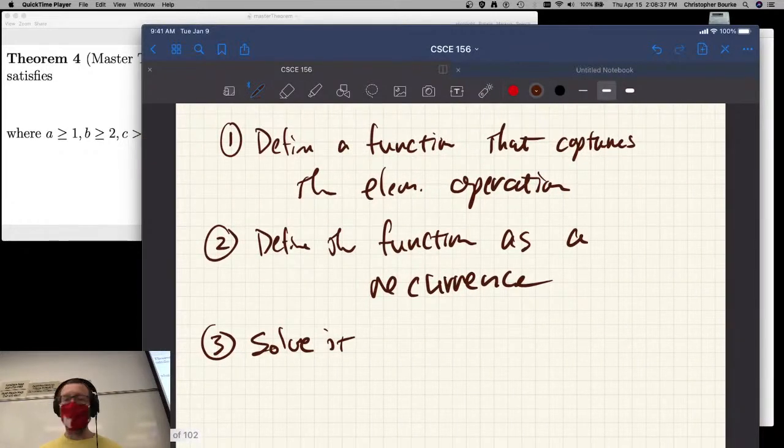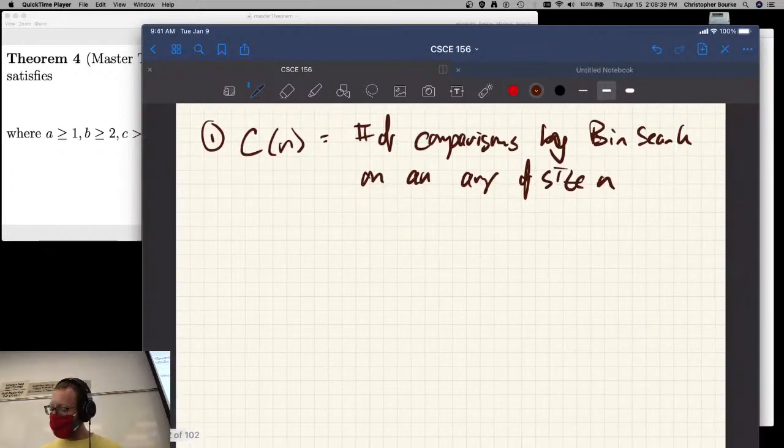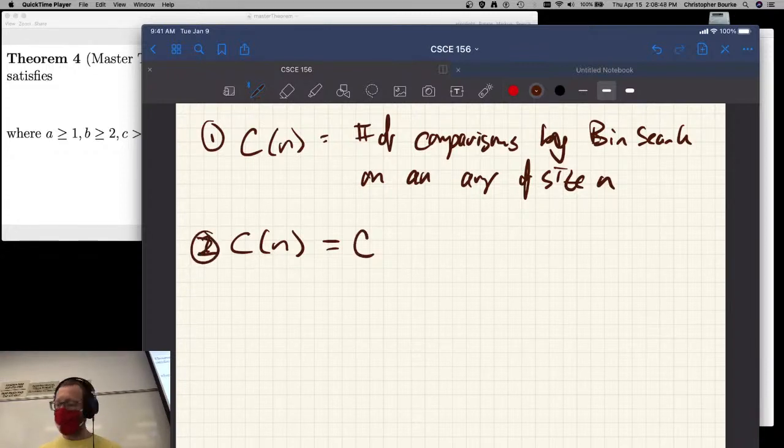Part 2, define the function as a recurrence. C sub n is equal to 1 call to binary search on an input size roughly 1/2 of the original, plus 1 comparison in order to determine do you need to go to the left, the right, or stop because you found what you were looking for.